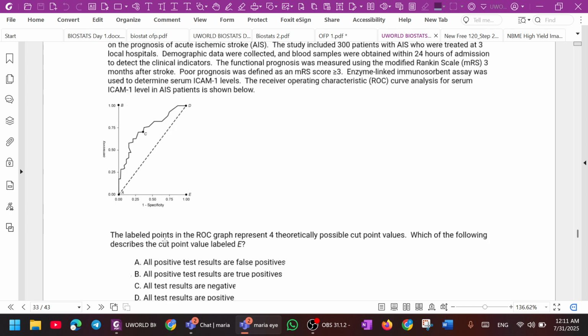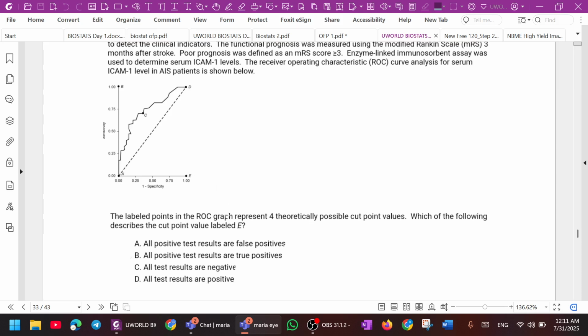The labeled points of the ROC curve represent four theoretically possible cut point values. Which of the following describes the cut point value labeled E? This E. They both are right here.